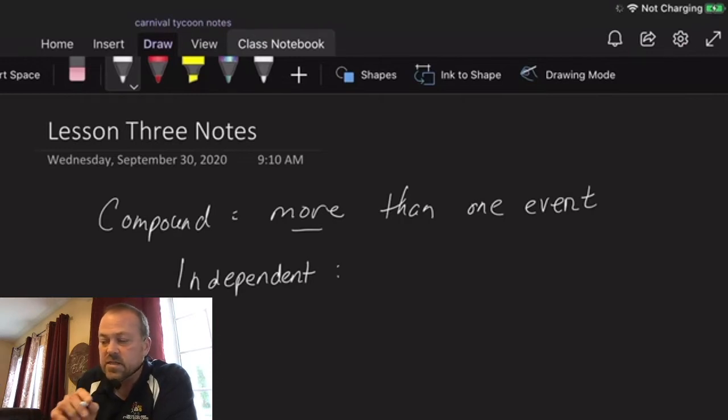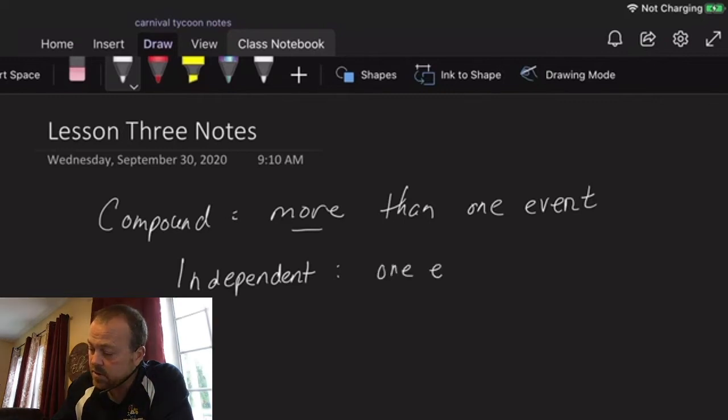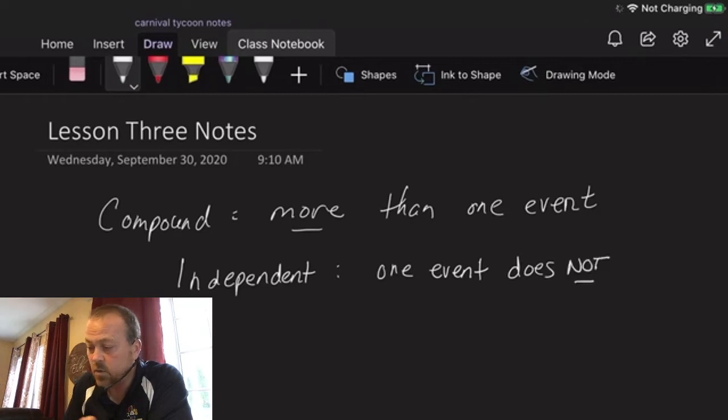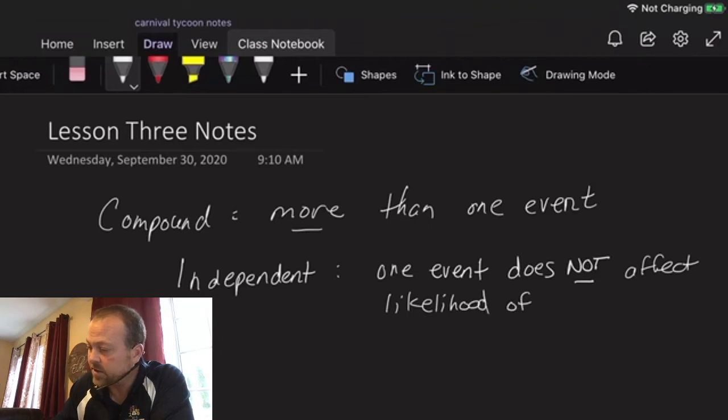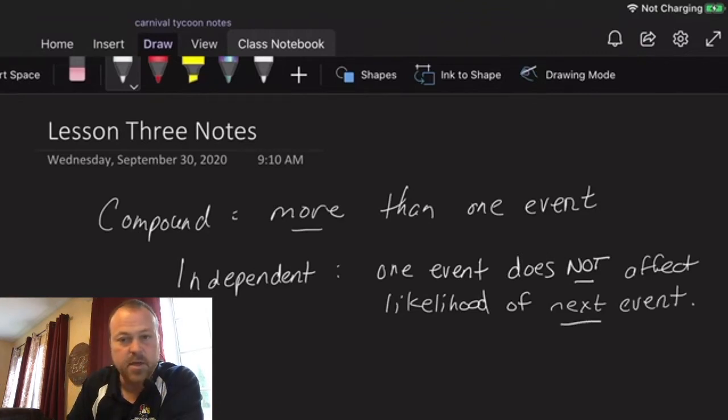This is when one event does not, is the key word, affect the likelihood of the next event occurring. That's not exactly what yours says, but it's pretty much the same thing. All right, so 2 events happening, and one does not affect the likelihood of another.